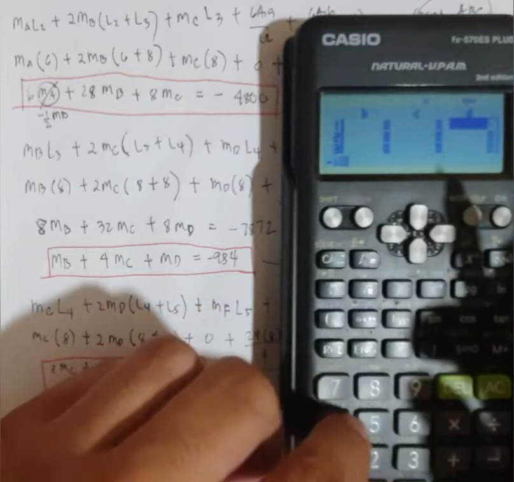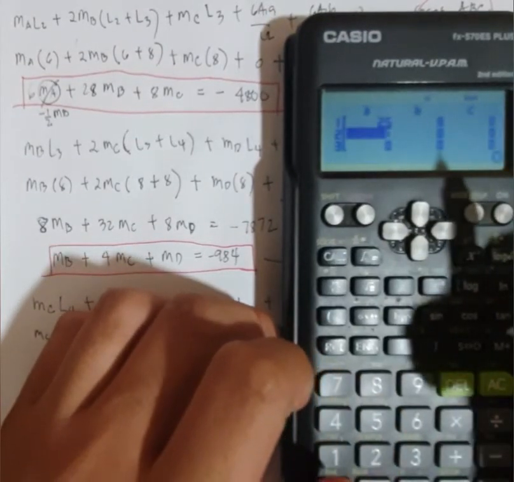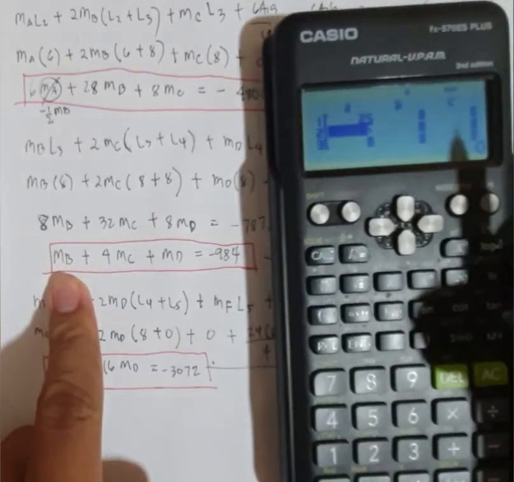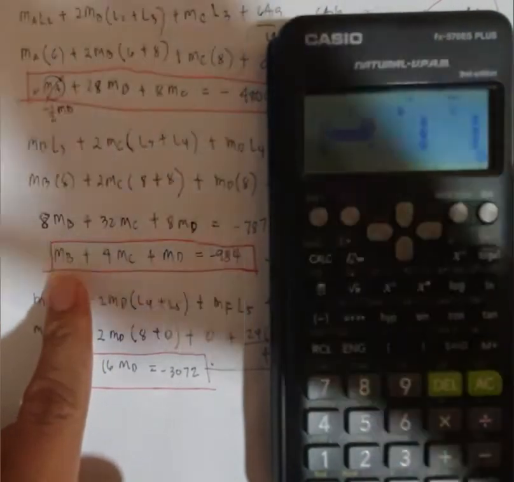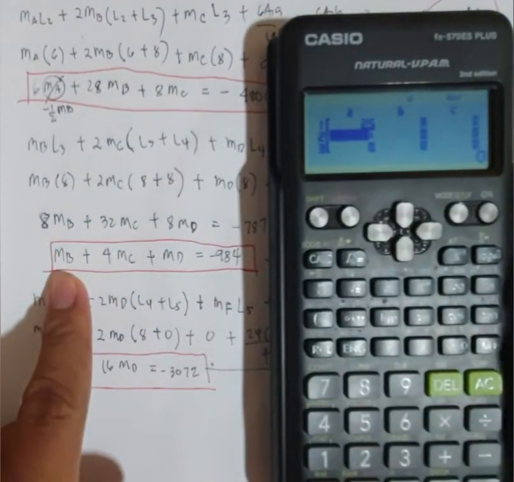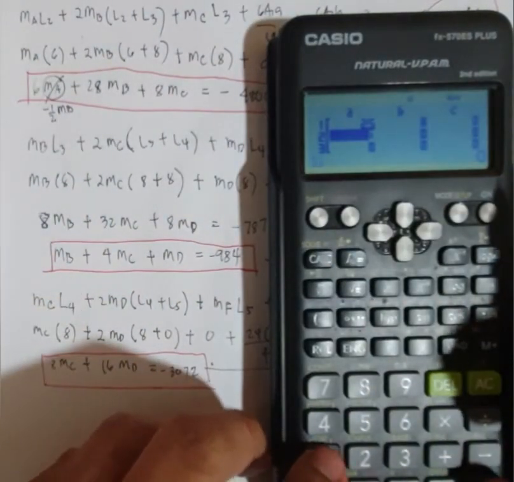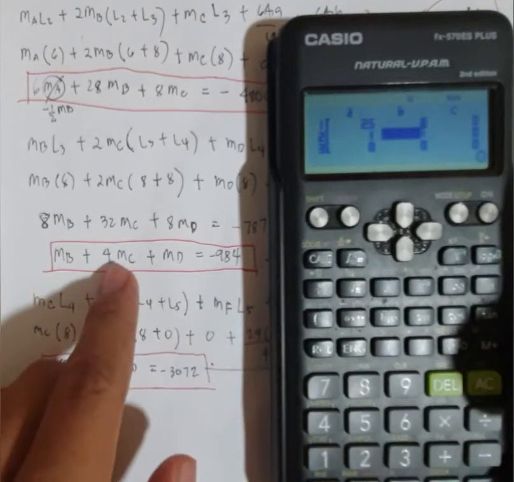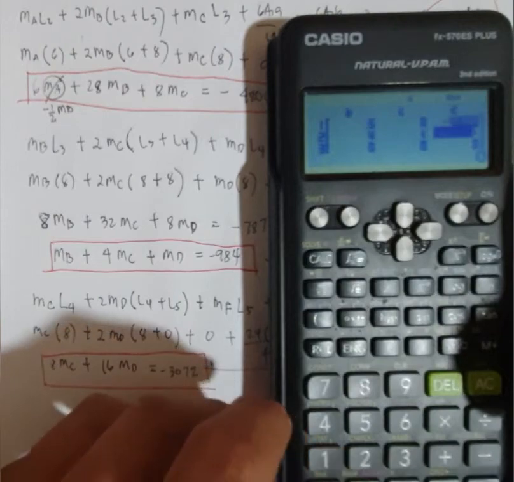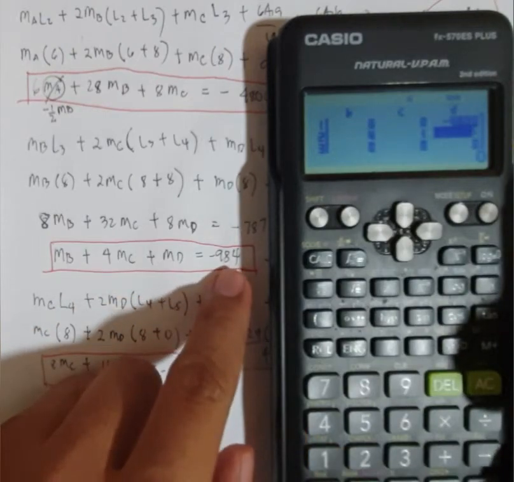Next, MB is 1, MC is 4, MD is 1, and the constant is negative 984.